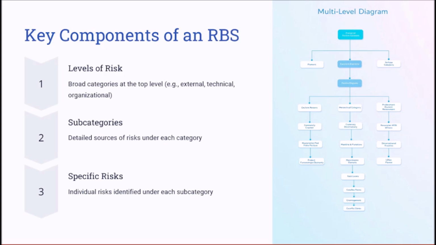For example, under external risks, you might have subcategories like regulatory changes, market conditions, or natural disasters. Finally, individual risks are identified and listed under each subcategory. This multi-level structure not only ensures comprehensive coverage of risks, but also facilitates detailed analysis and targeted response planning.